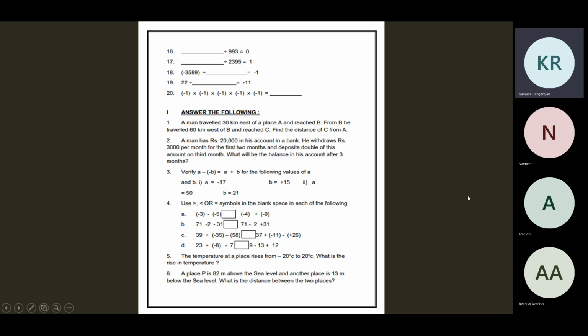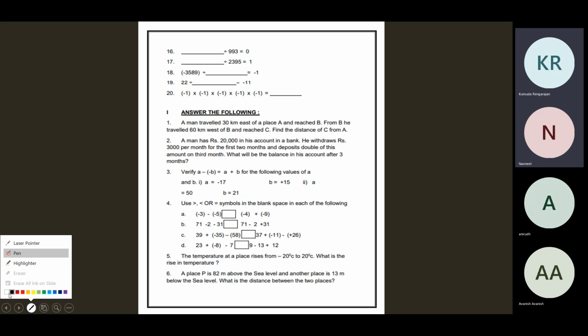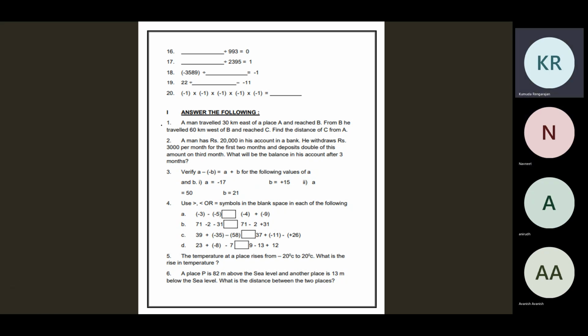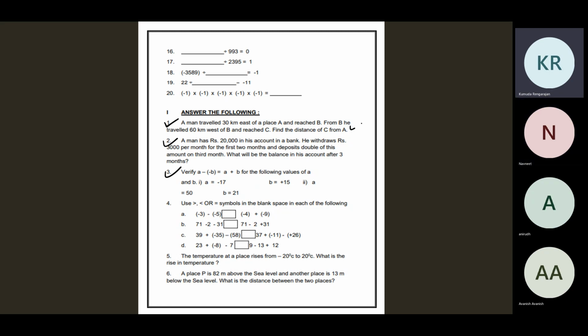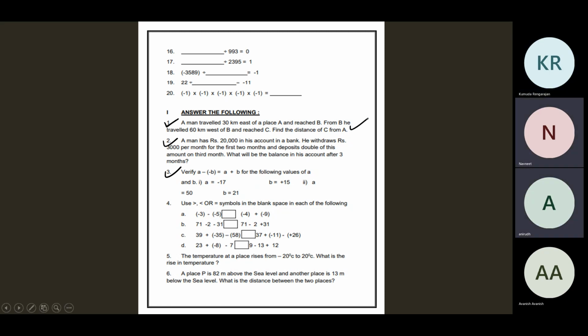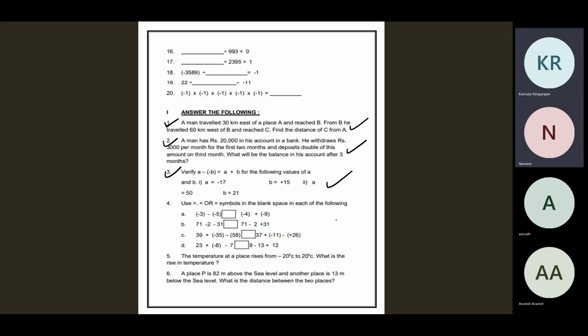Yeah, boys. I'm here. So what's the status? Avanish, till where have you finished? Have you finished 1? Yes, ma'am. 2, yes, ma'am. 3? I'm doing it, ma'am. Very good. What about Anirudh? Have you finished 1, 2? Yes, ma'am. 3?